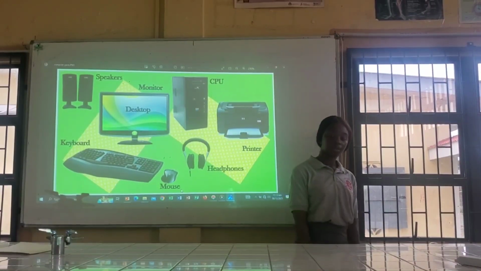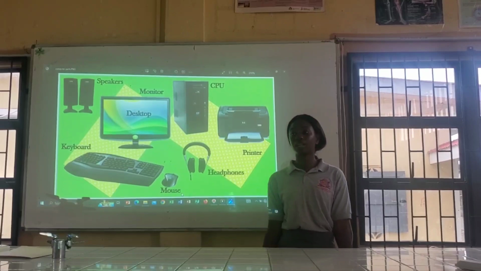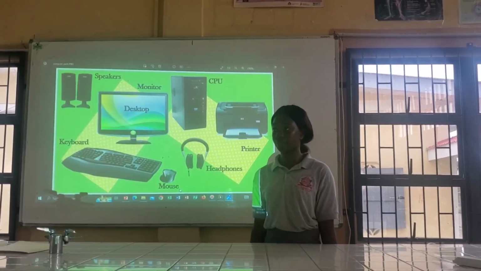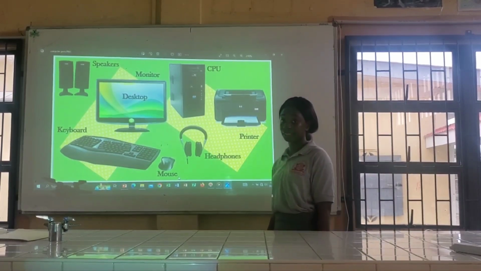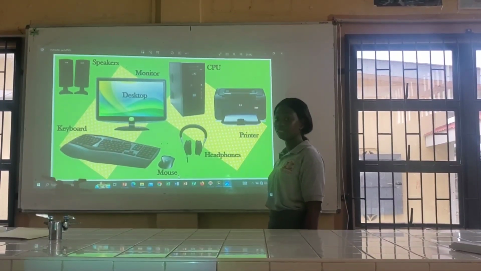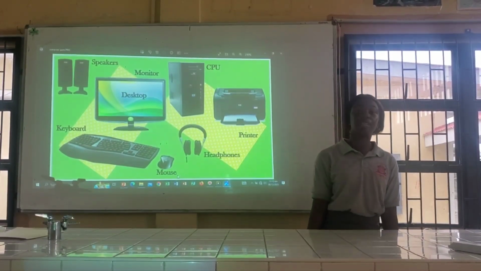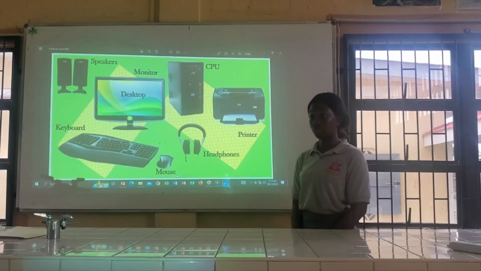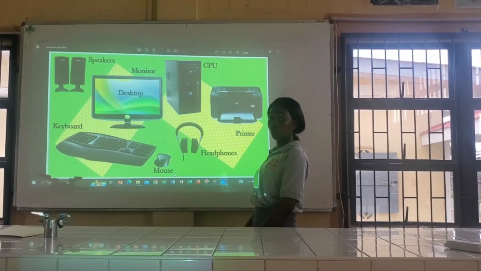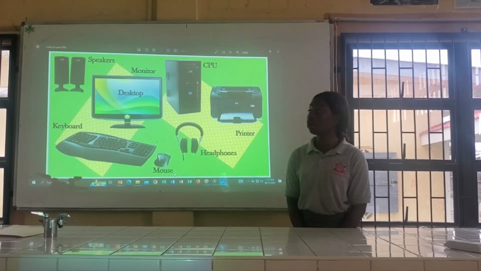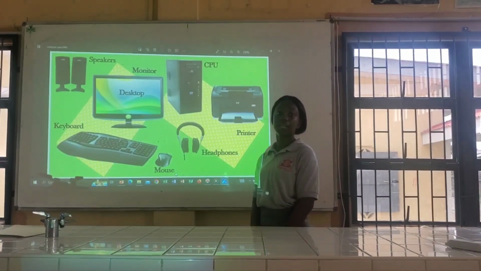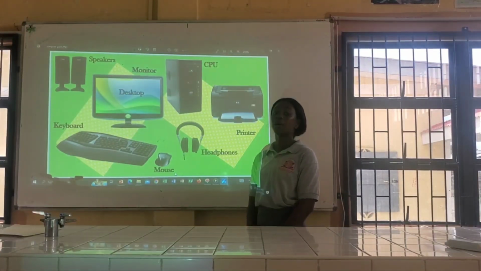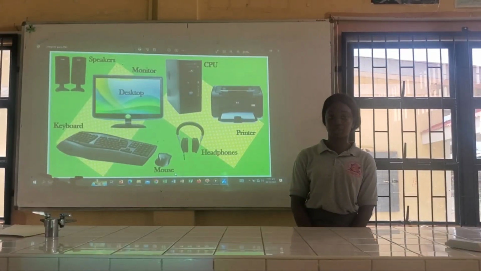So let's recap today's lesson. We look at what is a computer system. And we know a computer system is an electronic device that processes data following a set of instructions to give us information. We also know there are 4 types of computers. We have the mainframe, the supercomputers, the mini computers, and the microcomputers.